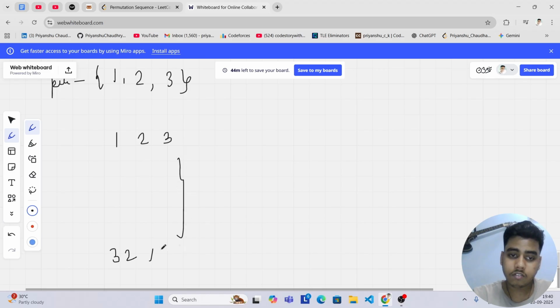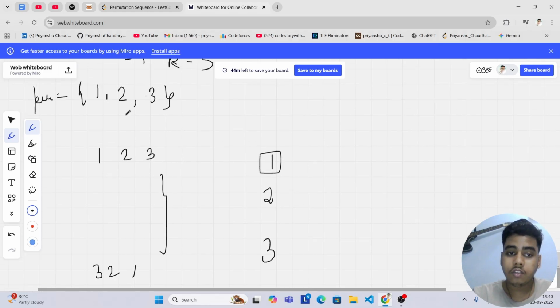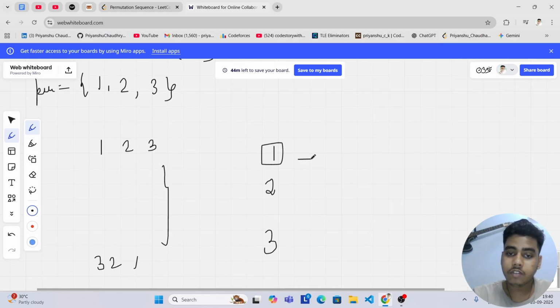Of all the combinations, some sequences will start from 1, some from 2, some from 3. If a sequence starts with 1, we have 3 places and we have filled the first place with 1.